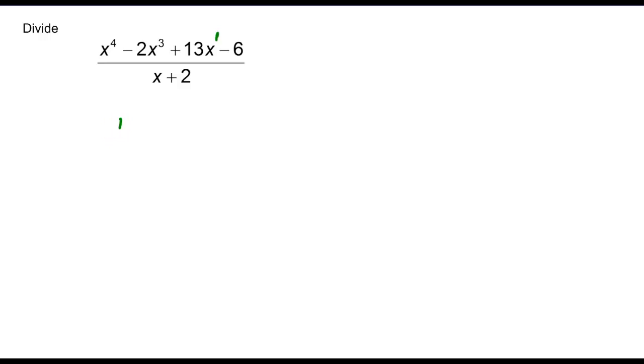So I have 1 for my coefficient of x to the fourth, negative 2 for my coefficient of x cubed. I don't have that x squared coefficient, so I need a placeholder of 0. 13 for my exponent of 1, and negative 6 for my constant term.